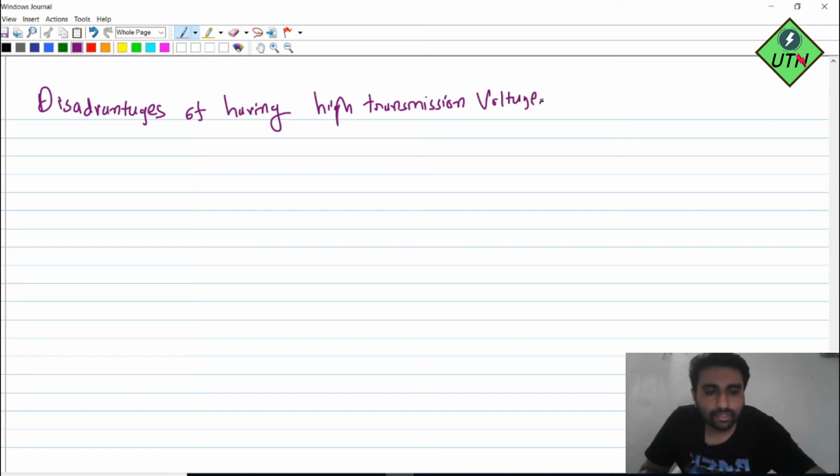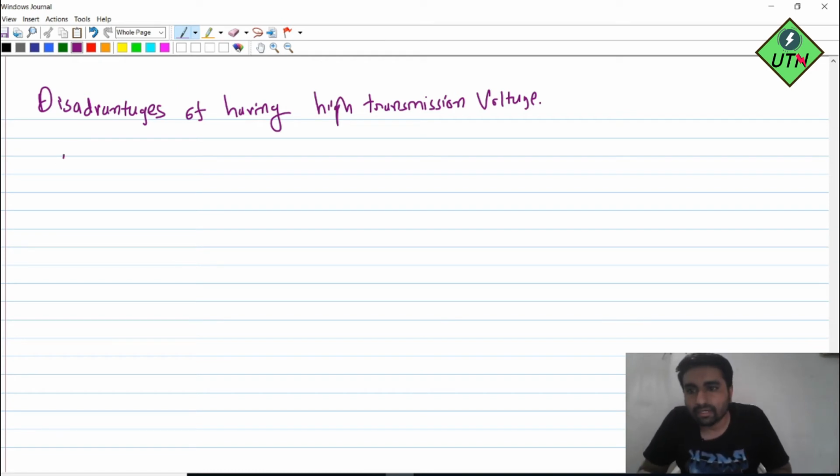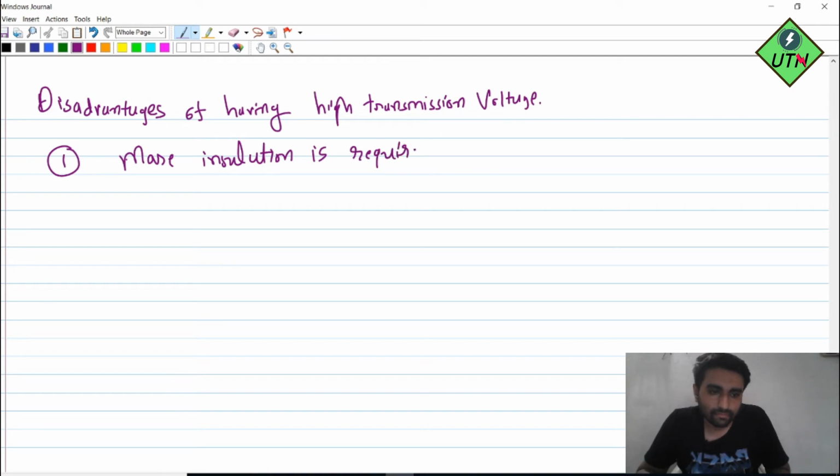If the transmission voltage is increased, the insulation required for the conductors, between the conductor and the earth tower, will also be more. So the first thing is that more insulation is required, and this will definitely increase the cost of the line.